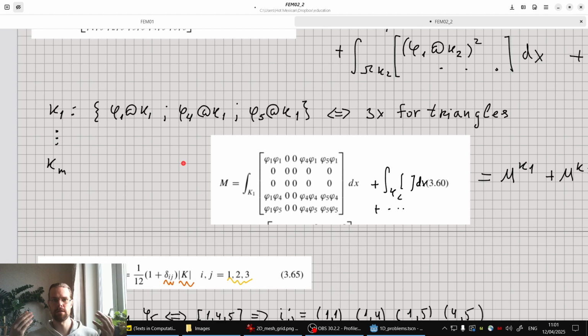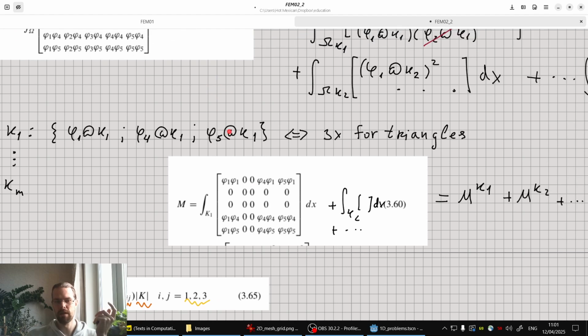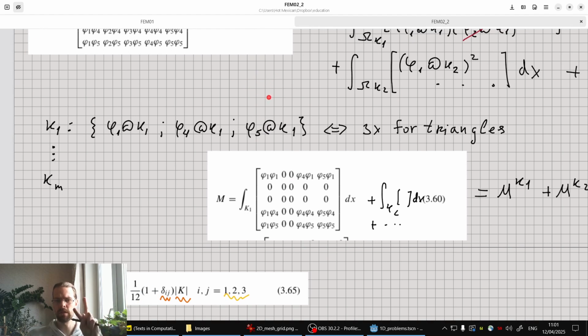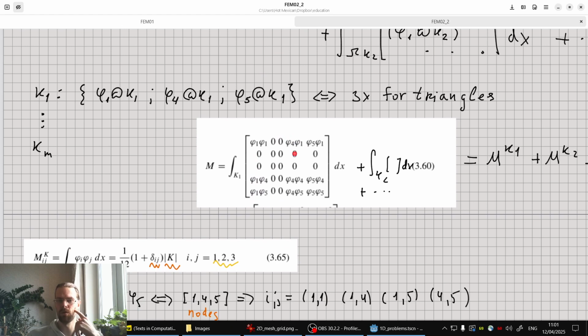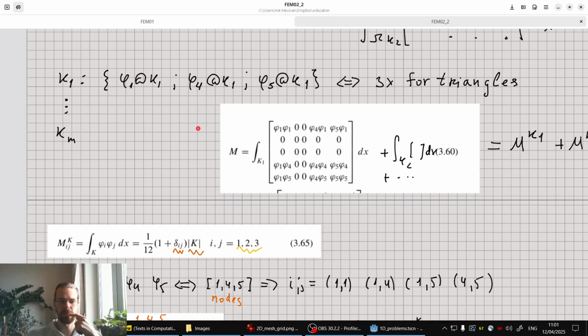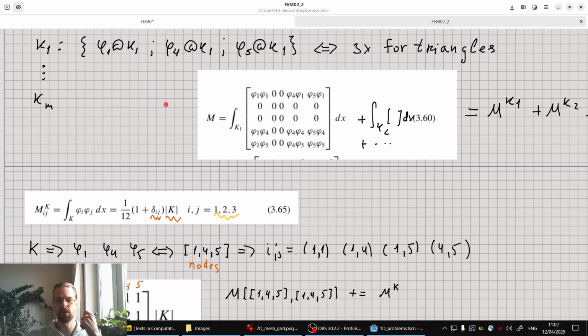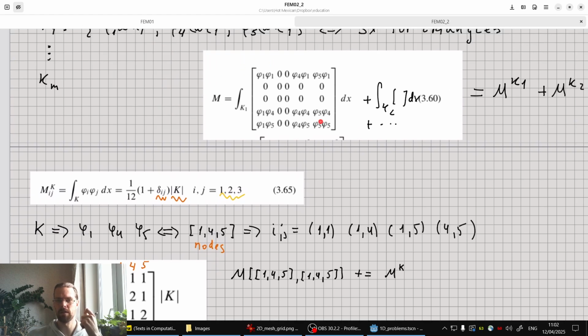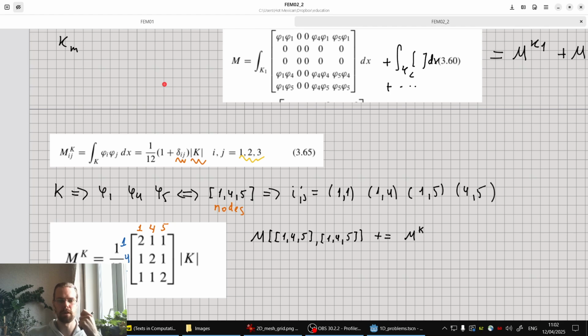So in fact, that means that we will have 3 self-integrals, phi1 with phi1 and so on, so diagonal elements. And then we will have 3 permutations plus the symmetric part, so 9 in total. And all the other spaces will be blank. And so we can focus only on the non-zero components and calculate them.